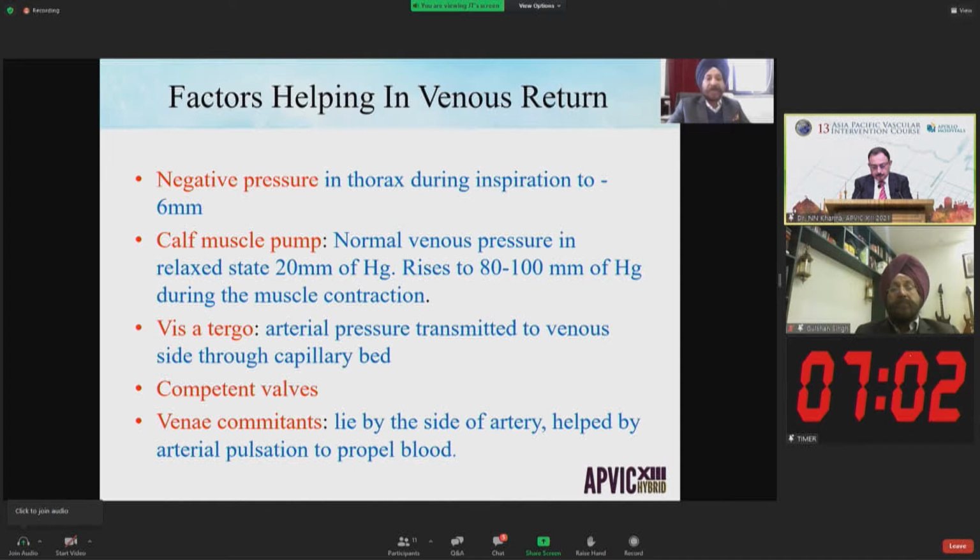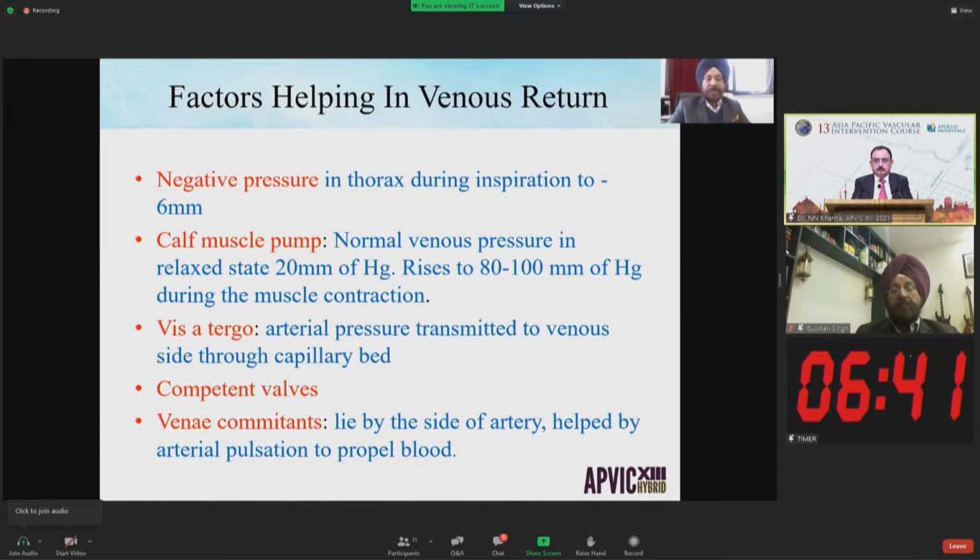Factors helping in the venous return are negative pressure in the thorax during inspiration up to -6 millimeter, and the calf muscle pump. Normal venous pressure in the relaxed state is 20 millimeter of mercury, and rises to 80 to 100 millimeter of mercury during muscle contraction.